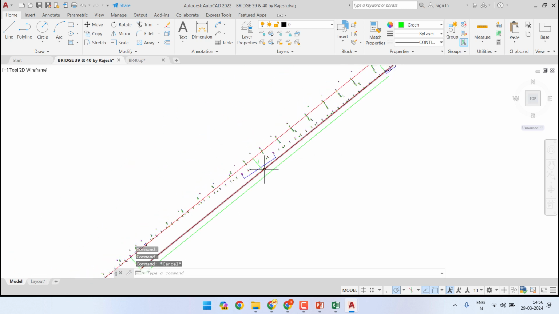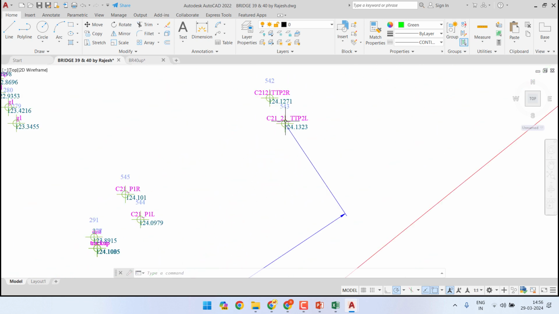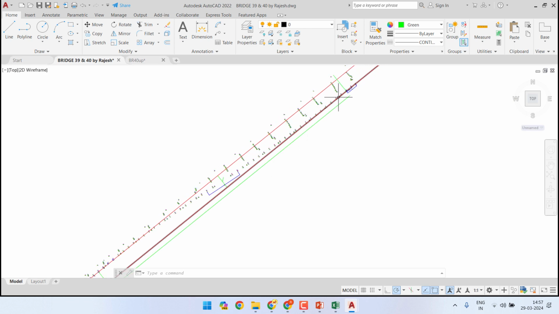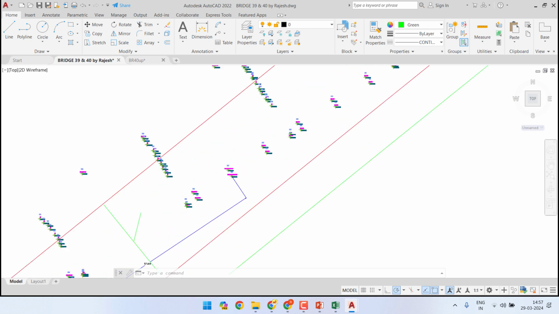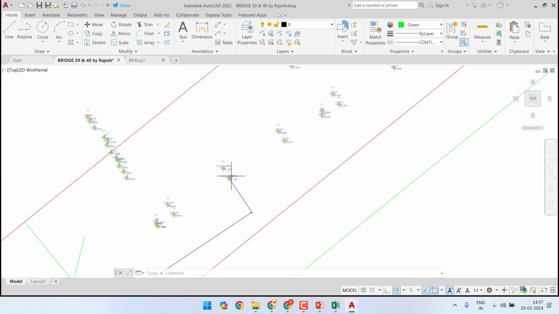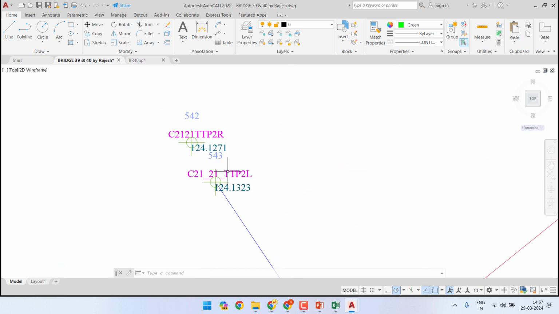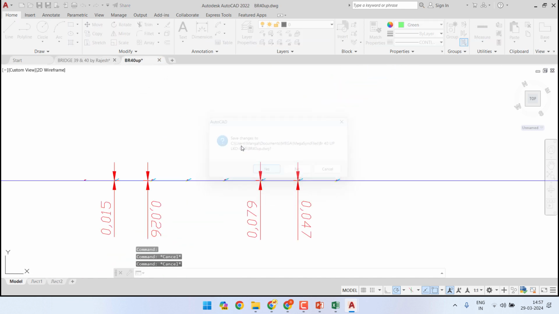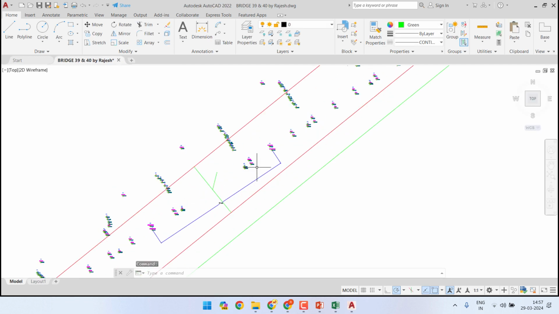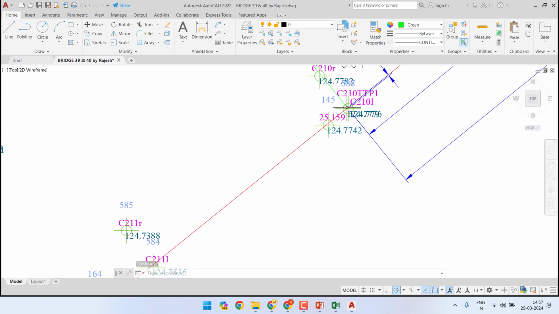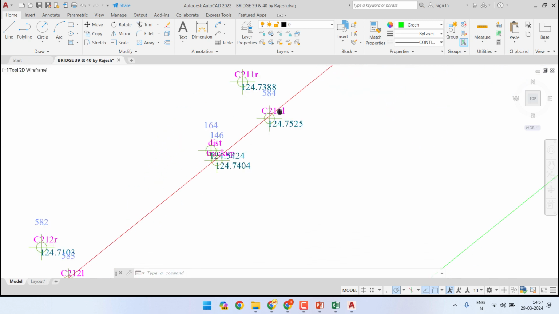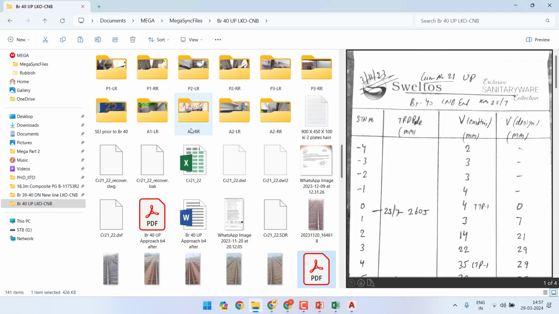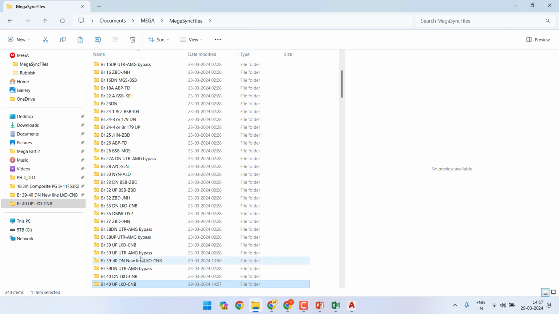We will draw another line, which will be from CTP2. We already have the data for curve 20. If we keep adding the respective distances from here, like this is station number 0, this is station number 1, this is station number 2, we already have a file for that.